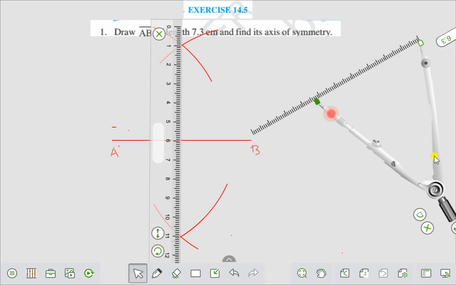Right? Now, I draw a line here with the help of the ruler.